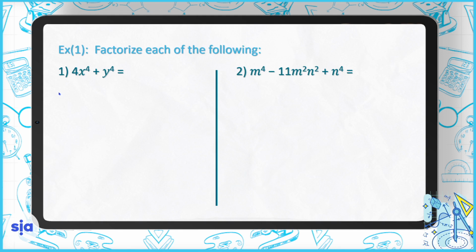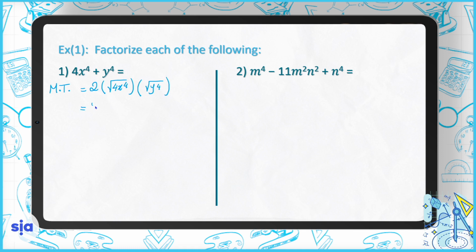First of all, we need to find the middle term. When I write MT, it means the middle term. The middle term is 2 multiplied by the square root of the first term multiplied by the square root of the second term.